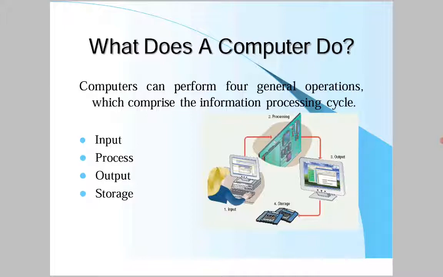First they accept some input from the users, then the computer does some processing on this input and generates some output based on our requirements, and the programs, instructions and outputs are stored in the storage unit or memory unit of a computer. So these are the four important components: input unit, processing unit, output unit, and storage unit.